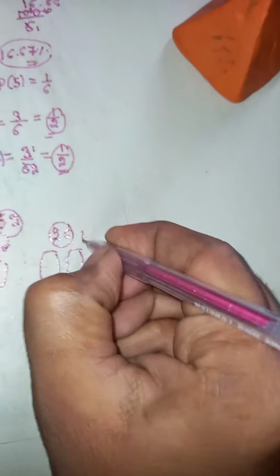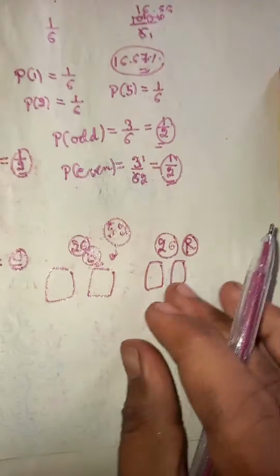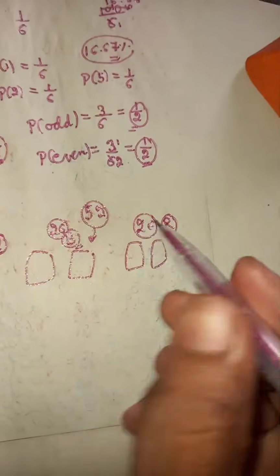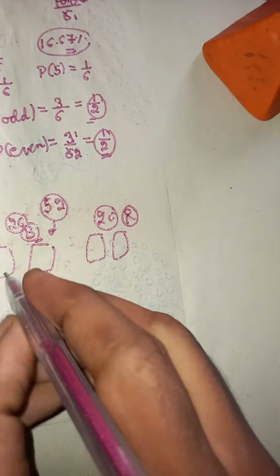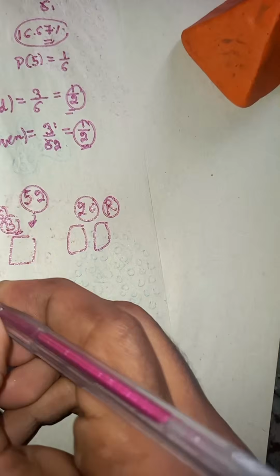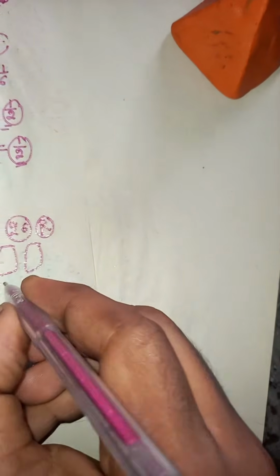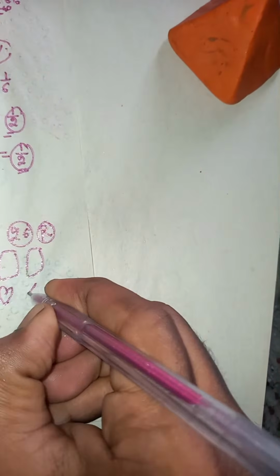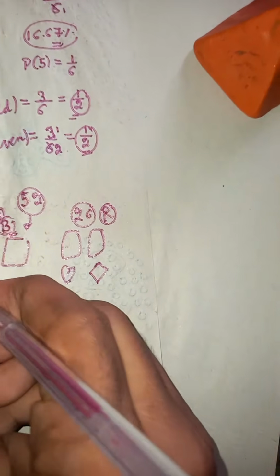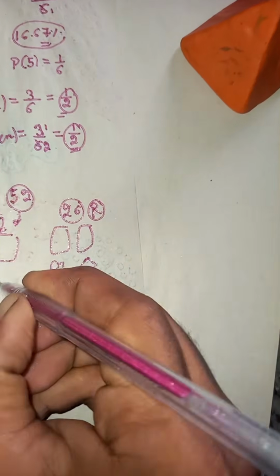The red cards have the diamond shape or the heart shape, and the black cards have the club shape or the spade shape.